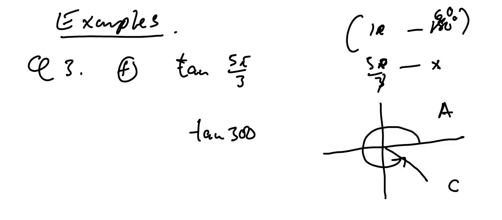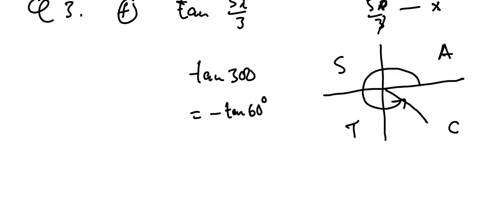We know how these play around here: only cos is positive in the 4th quadrant. The other 2 are negative. So this is the same as negative tan. Then 360 minus 300 gives us 60. So we have negative tan of 60. Then tan 60 is the same as what, guys? We did special angles. What's tan 60 going to give us?